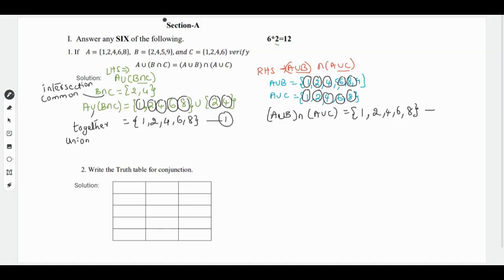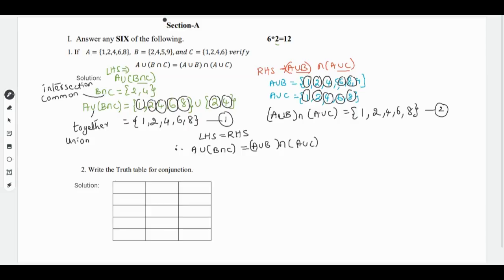So this is your second answer. You can see from 1 and 2, LHS is equal to RHS. Therefore A union (B intersection C) equals (A union B) intersection (A union C) is proved.